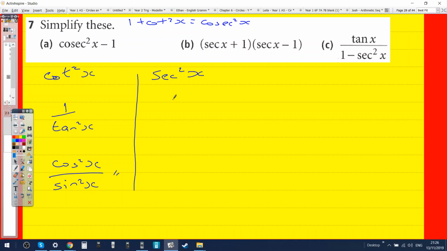Yeah, so there's plus sec x and minus sec x.